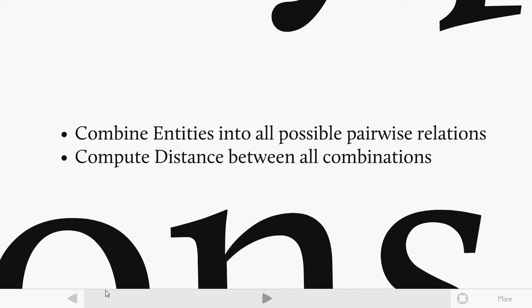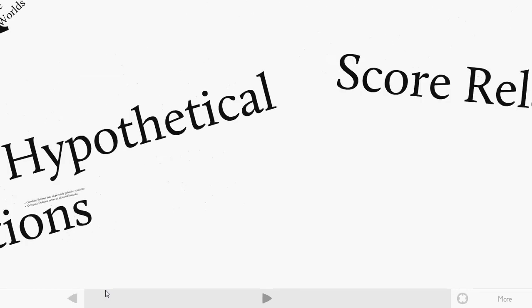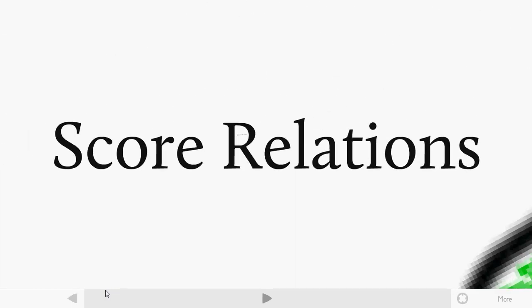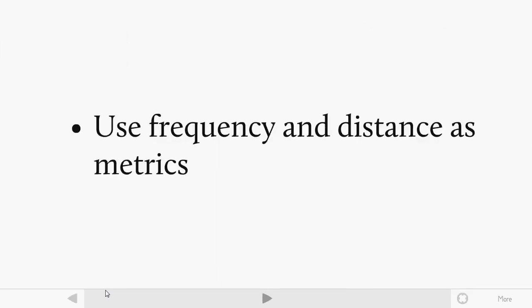Once we have our list of possible entity pairs or relationships, we need to somehow figure out if those relationships are valid, if they're good or not. So then all that data is moved to the scoring functions. Currently, right now, we are scoring only on frequency and distance.